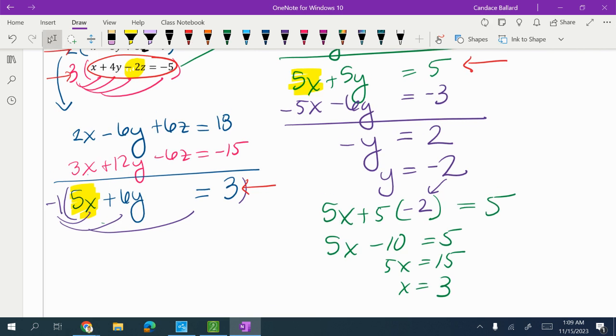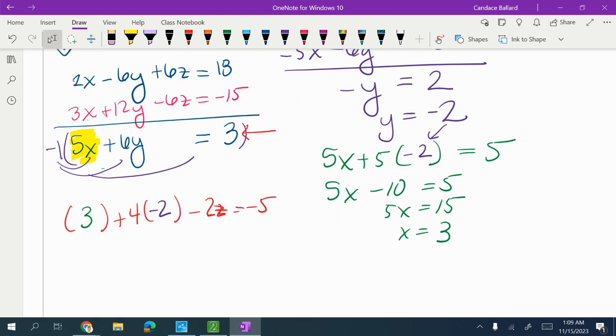I'm going to write it out with parentheses where I have to put in my x and my y, because I have to solve for z. So I'm putting my 3 in for my x, and my -2 for my y. And I'm going to try to use that to solve for z.